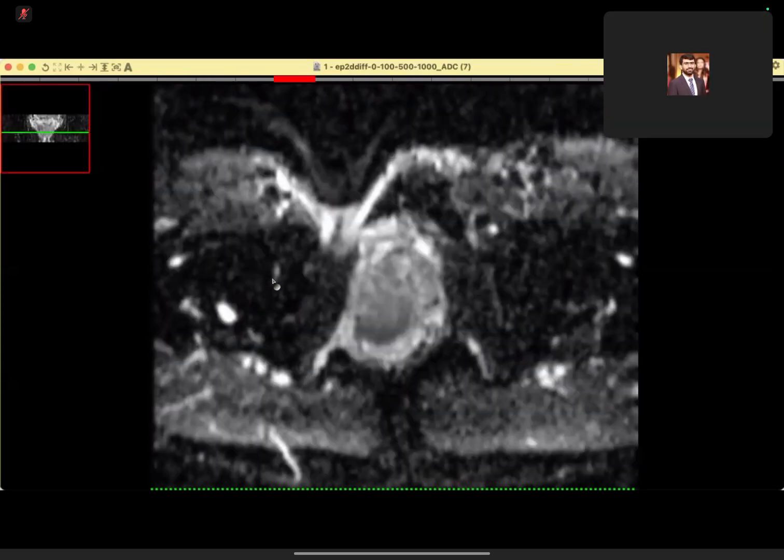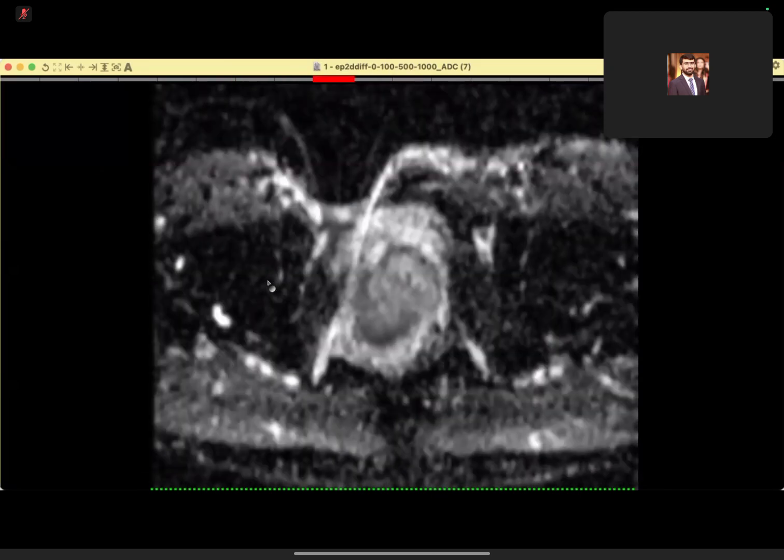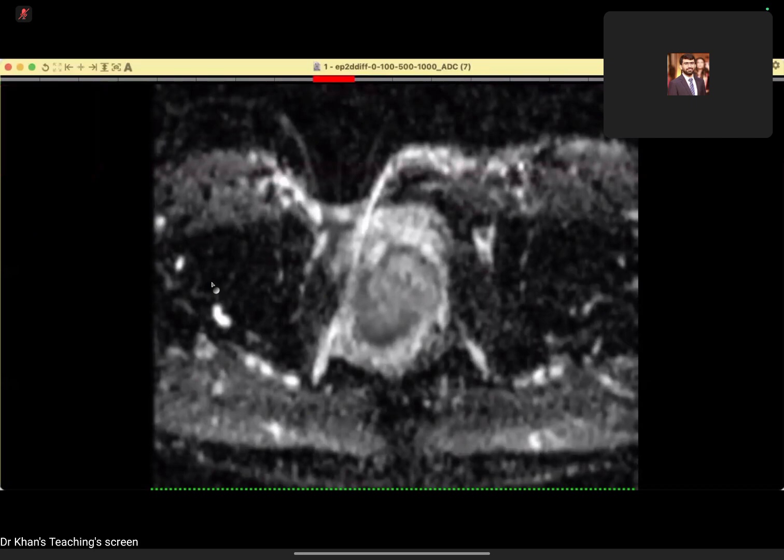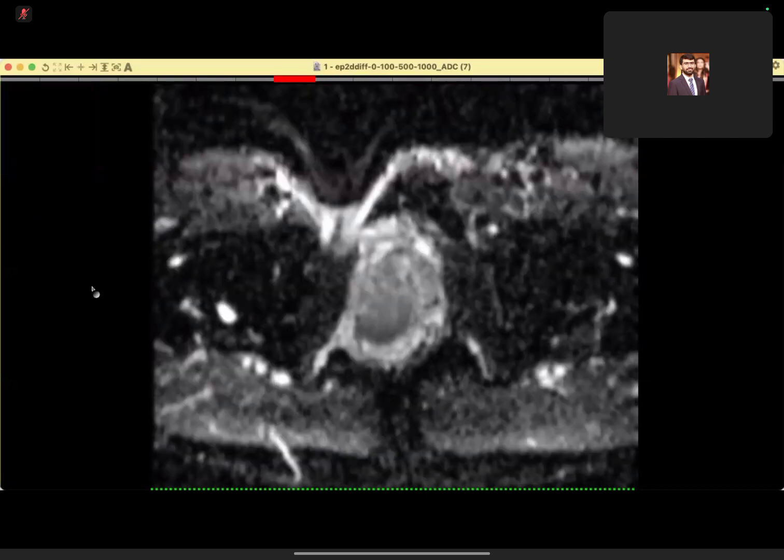These are low signals, and there is restricted diffusion. It's along the peripheral zone of the prostate. DWI shows hyperintensity with corresponding ADC low signals, so restricted diffusion, T2 hyperintense.